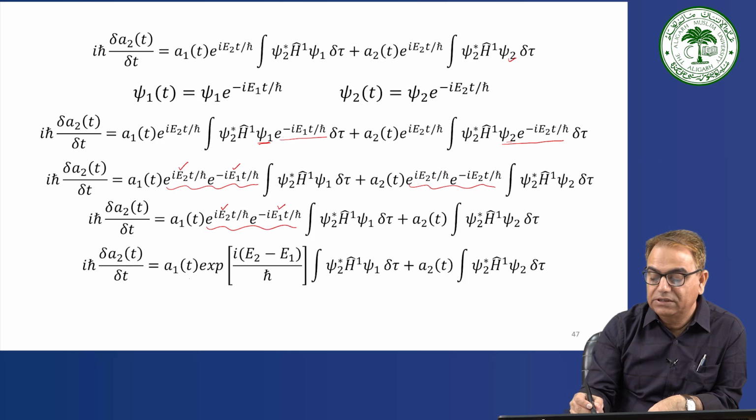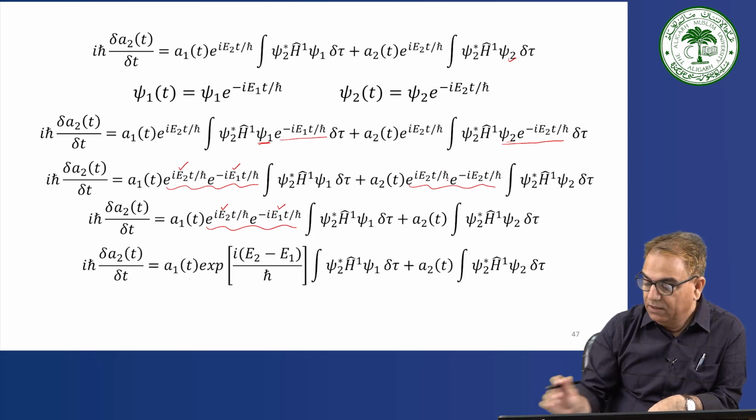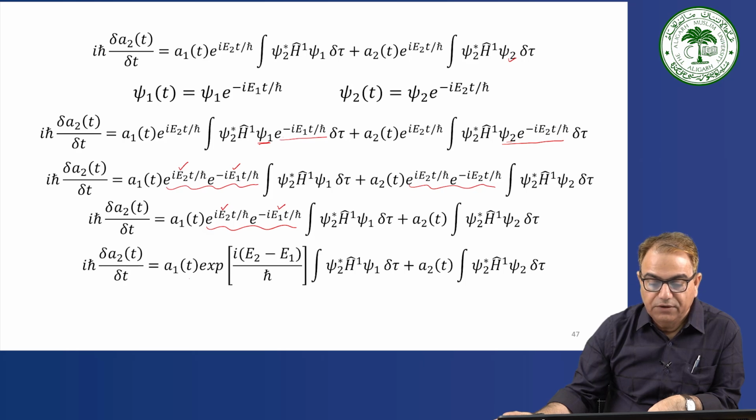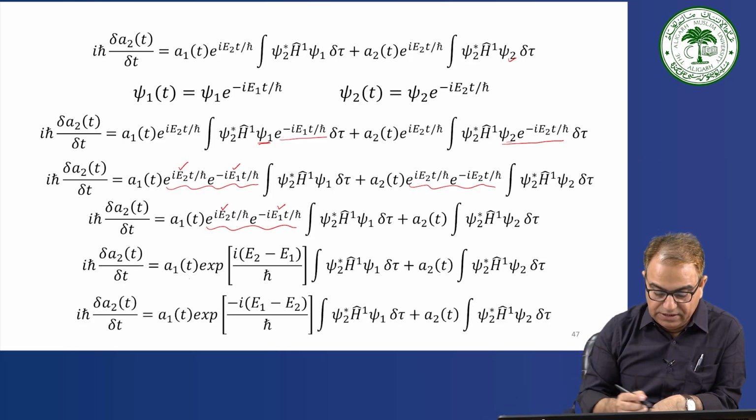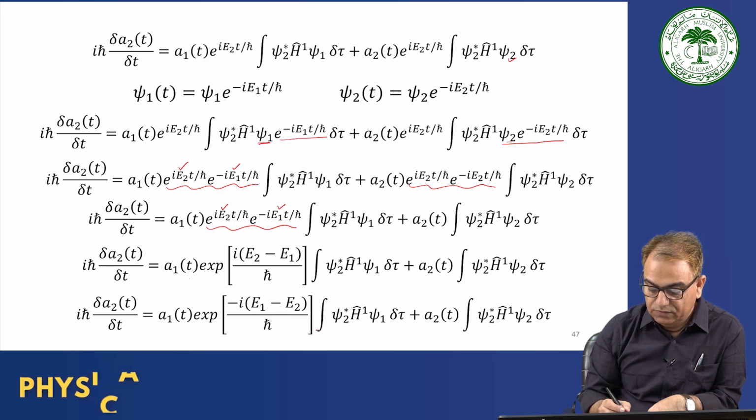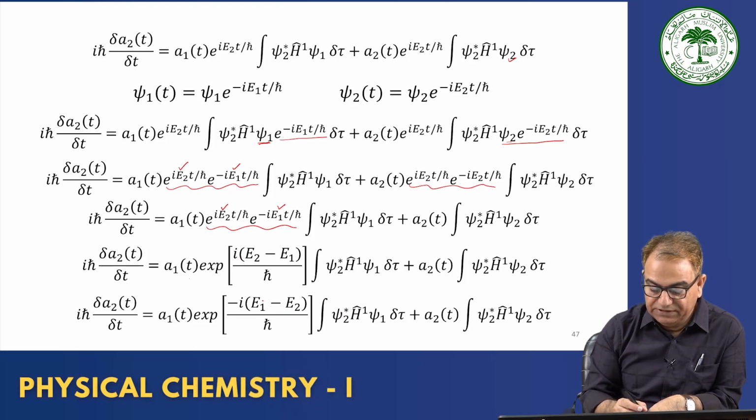This integral, this exponential will go because at both the places you have E2. So this we can write, if we further, A1t minus E1 minus E2, so a negative sign is there.